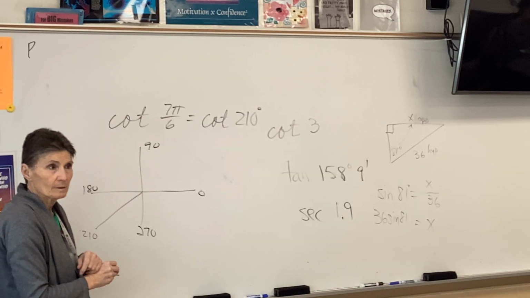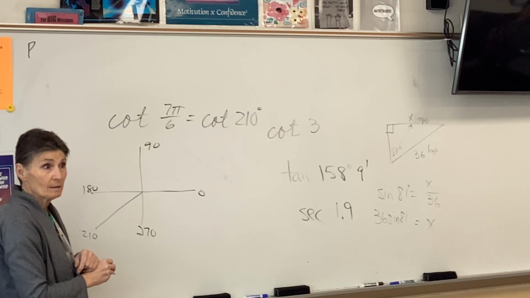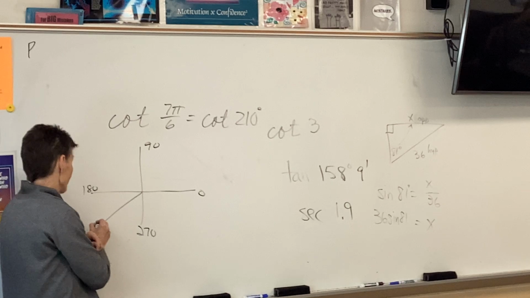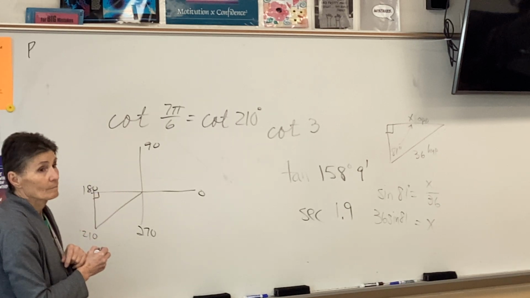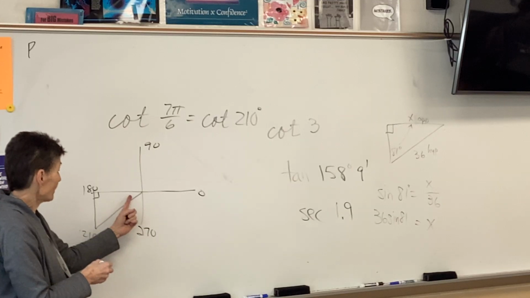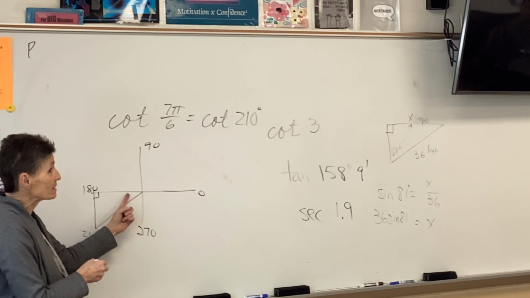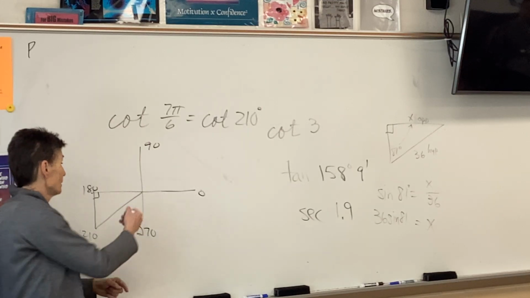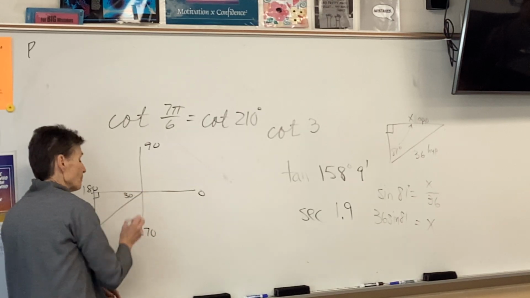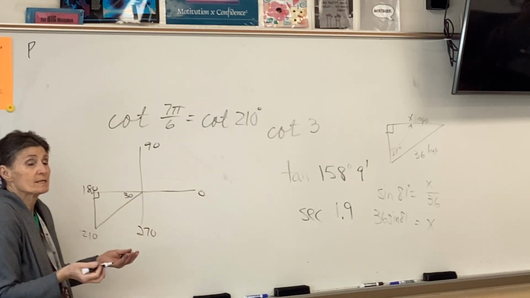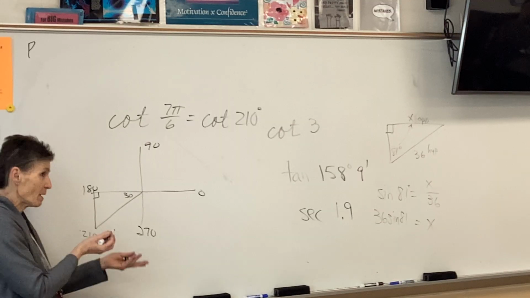Right? Then I make my triangle, butterfly bow tie. And then I figure out how big that guy is right there. That angle right there between 180 and 210 is 30. And of course that makes my heart sing because it's special.